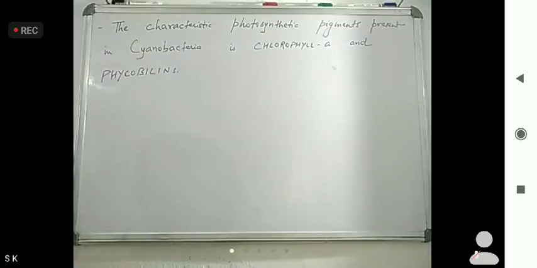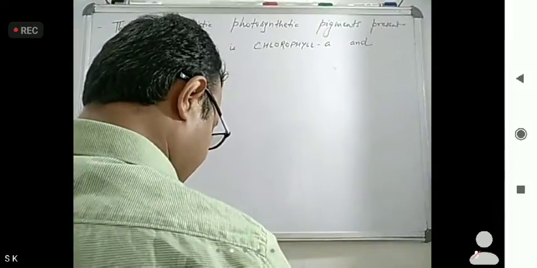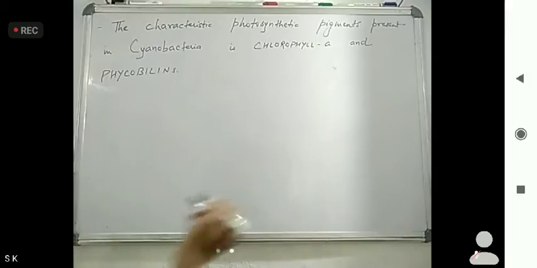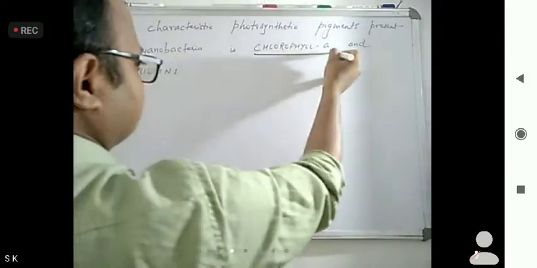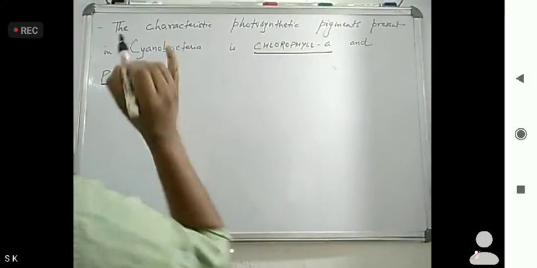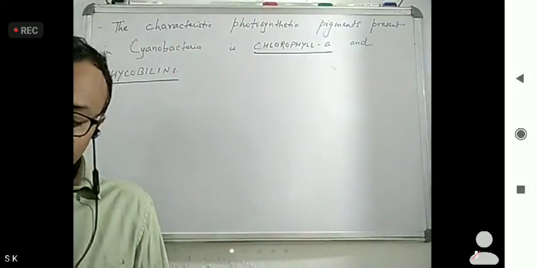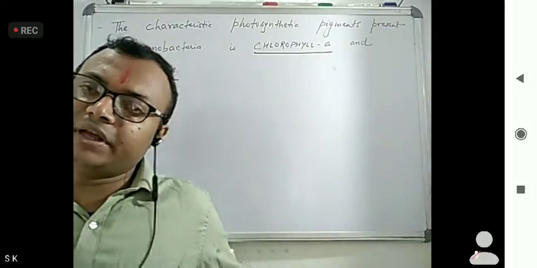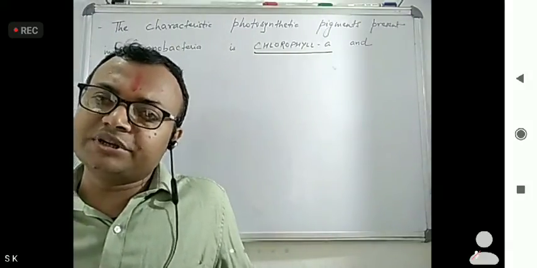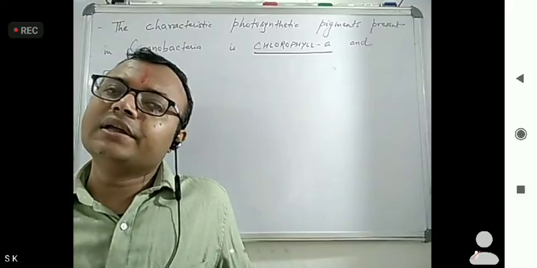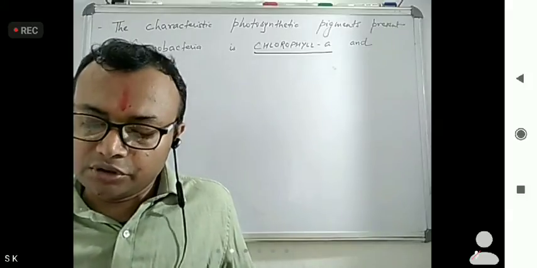You have to remember that chlorophyll a and phycobilins are present in the thylakoids of cyanobacteria.